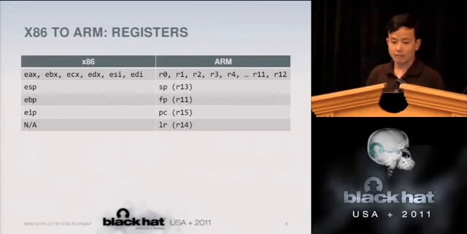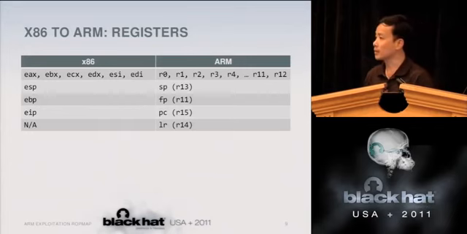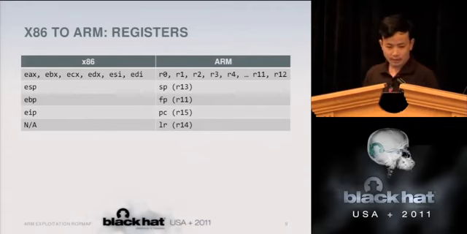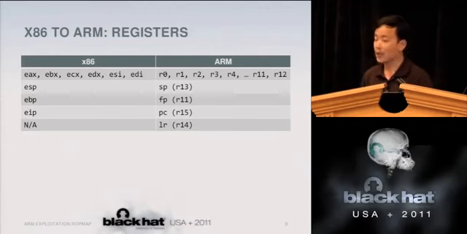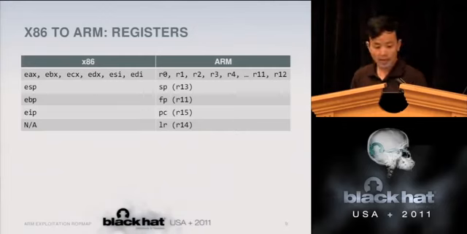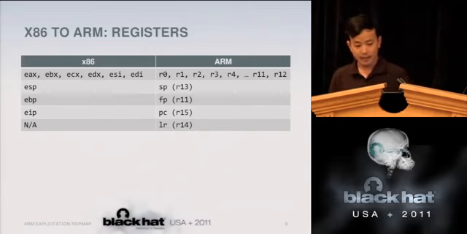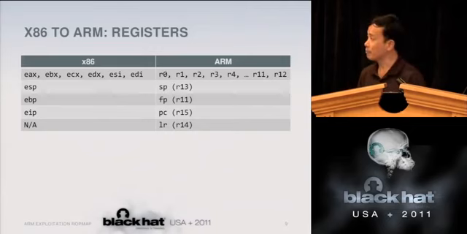There are also some special purpose registers that are permanently reserved, like the stack pointer, ESP in x86, and in ARM we have SP. Like the program counter, in x86 we have EIP, and in ARM it is named PC.